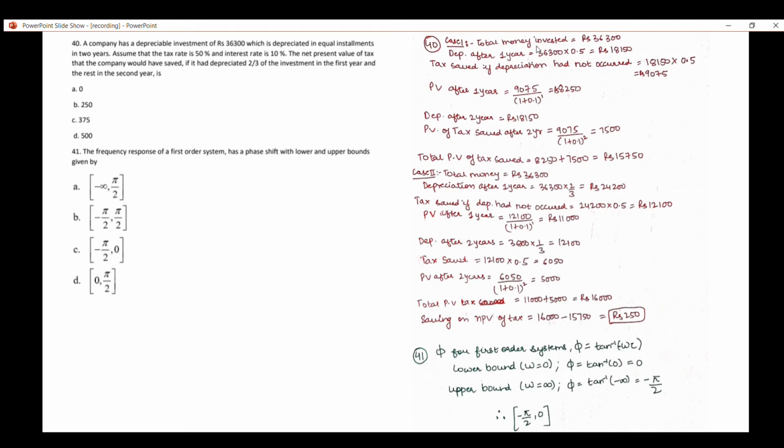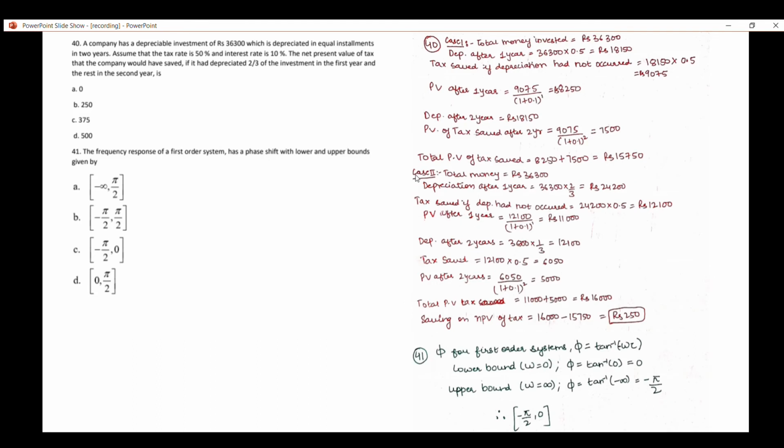The depreciation after 1 year is 18,150, and the amount of tax that would have been saved is 9075, 0.5 because the tax rate is 50%, and the present value after 1 year is 8250. Similarly, for the second year it is 7500. So the total present value of tax which has been saved is rupees 15,750. We have just added the present value after 1 year and the present value of the second year.